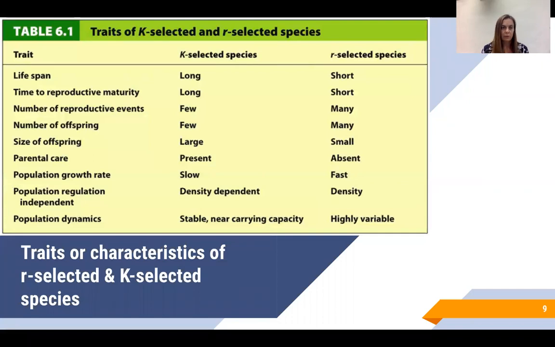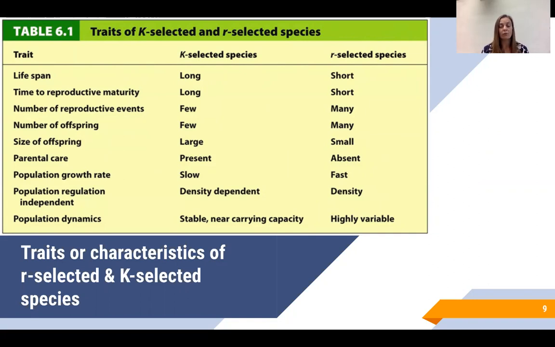Okay, so this is just the table from your textbook. And you'll notice that this is actually sort of in direct contradiction to what College Board says. When it comes to the number of reproductive events, most K-selected species have between 1 and 5 reproductive events in their lives. R-selected species, it really varies.